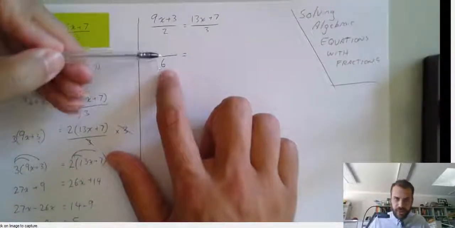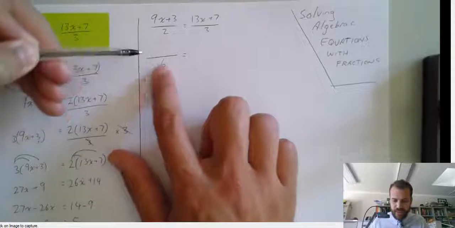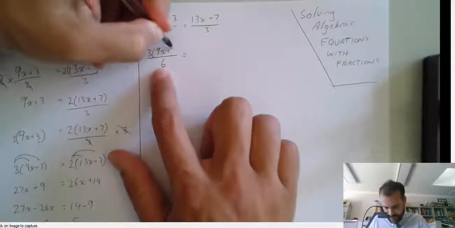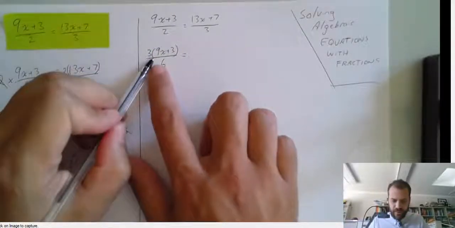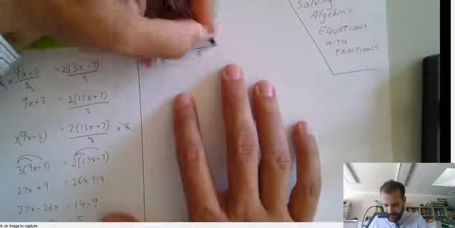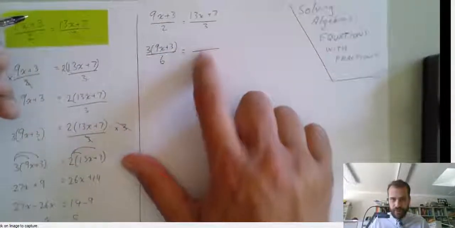Now I need to multiply top and bottom by 3 to make the denominator 6. 3 bracket 9x plus 3 on 6 equals... Now, to make this one 6, I need to multiply by 2.